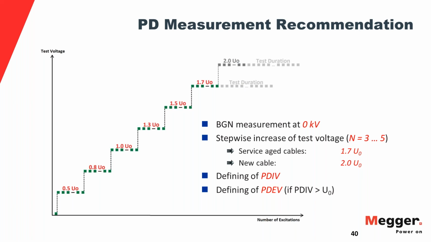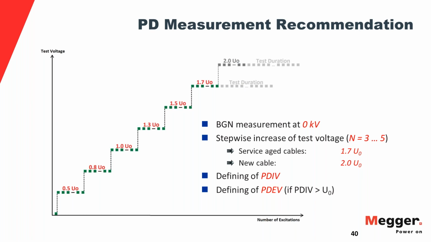That's also the case, remember, back at the VLF testing when we talked about practical test practice. When you have serviced age cables and you do not want to do 3 U0 for the withstand test, you should never go less than 1.7, because that's your ground fault test value level.